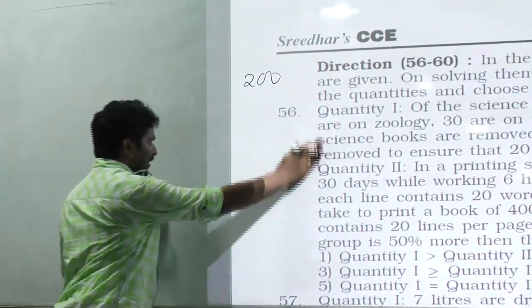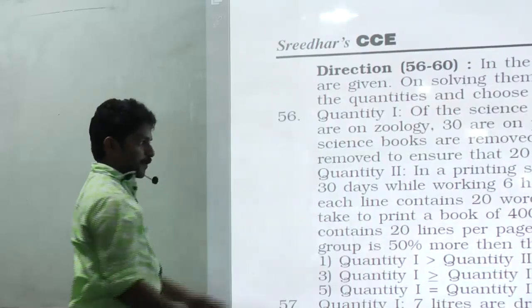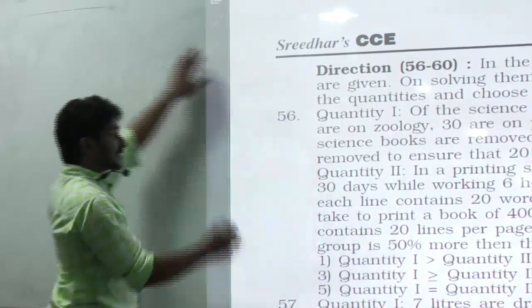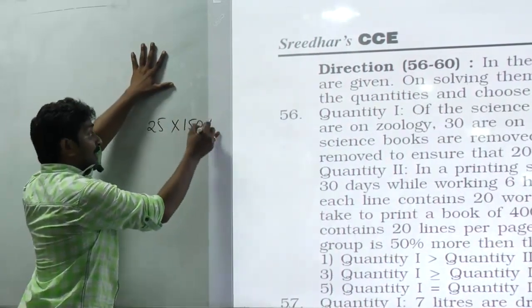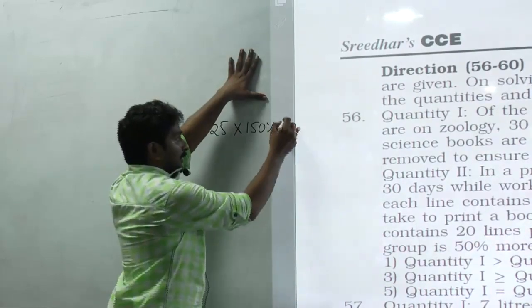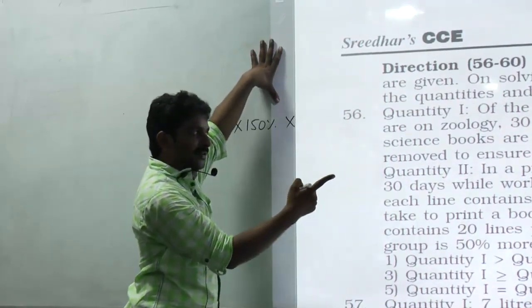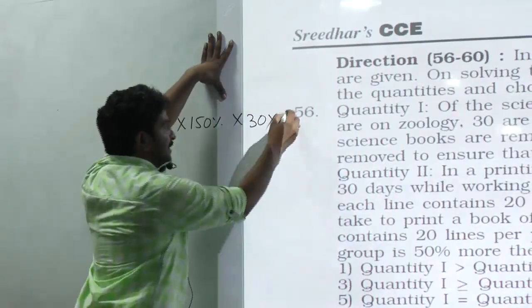Right, M D H by W. How many men are there? In the first case, 25 men, whose efficiency is 150% compared with the other group. How many days did they work? 30 days. And how many hours a day? 6 hours.